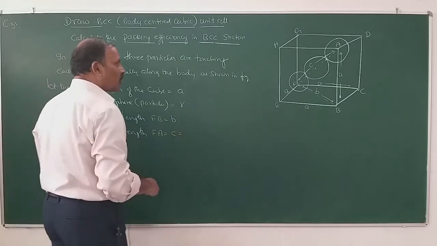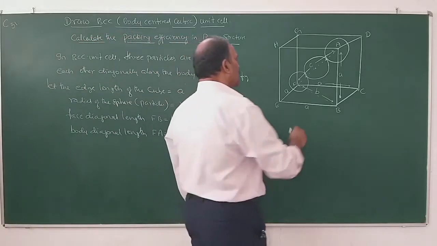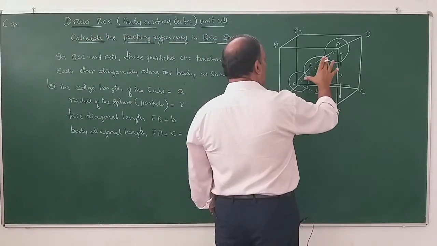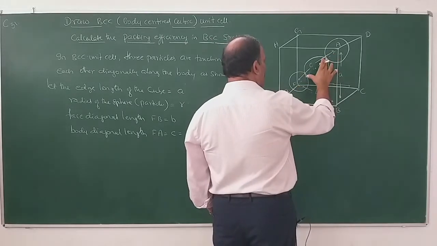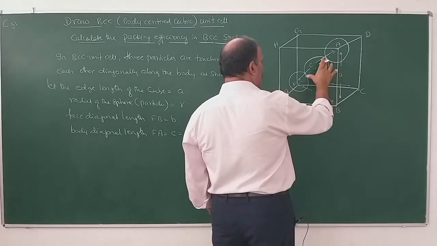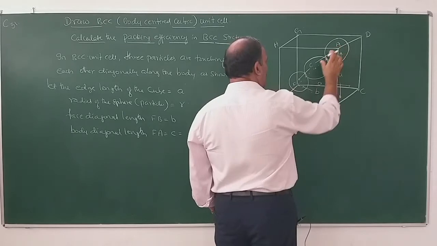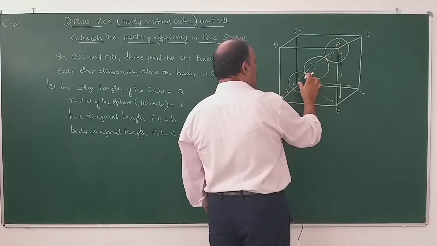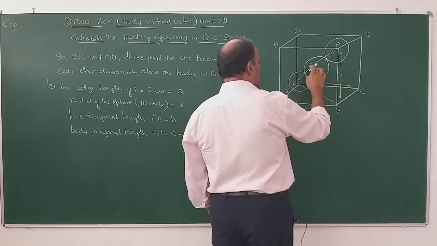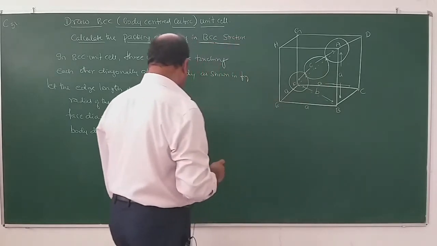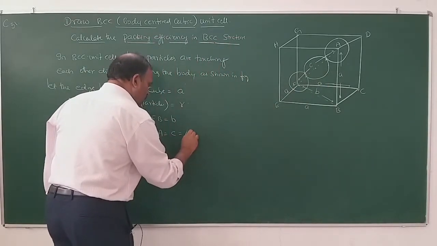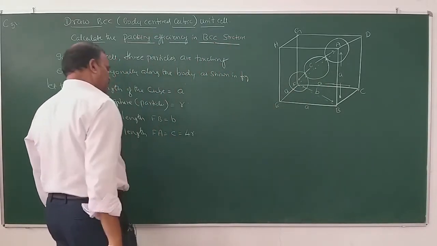How many r's are there? Here there are 4 particles: one particle's distance is 2r, this distance is r and this distance is r, therefore totally the distance c is equal to 4r.